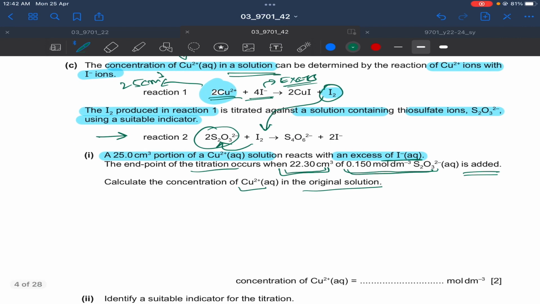We have concentration and volume. So moles of thiosulfate ion S2O3 2- would be equal to concentration into volume. So concentration is 0.150 into volume 22.30 in cm cube. So we would convert it into dm cube by dividing it by 1000, right?